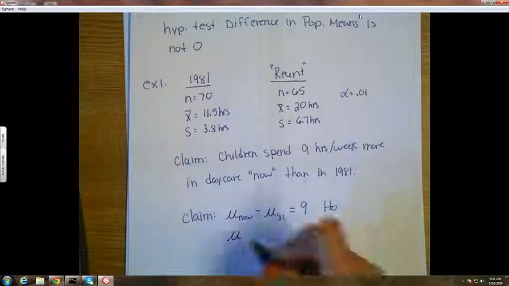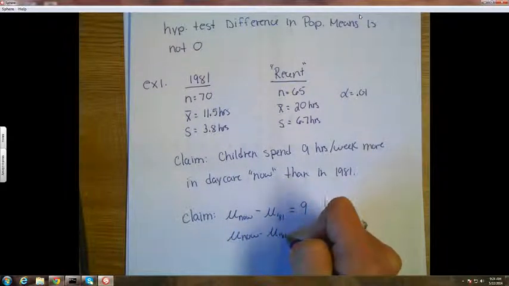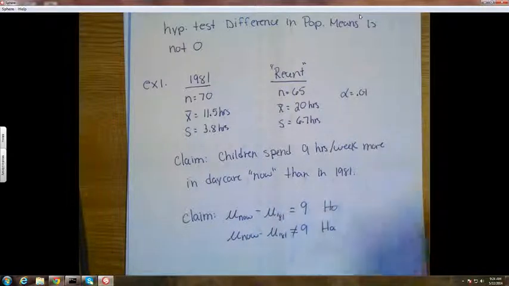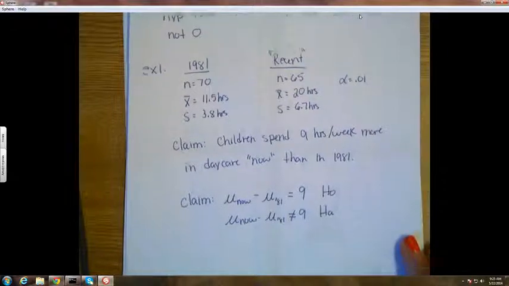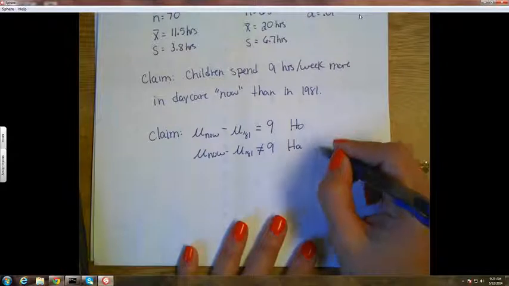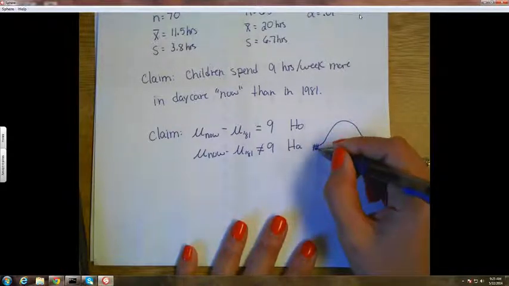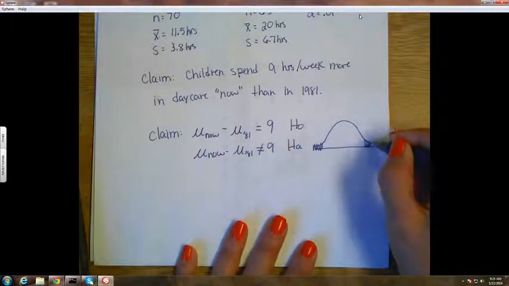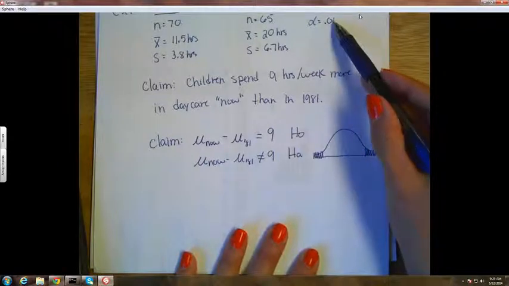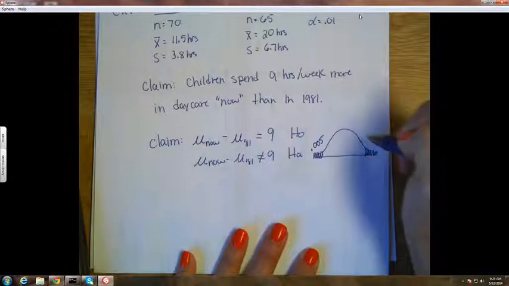Okay, so then the Ha will be not equal to 9. Okay, so we go right into what tail test are we going to do? Two tail, this part's the same. Two tail. I had a 0.01 alpha right here, which put 0.05, 0.05 in the tails.